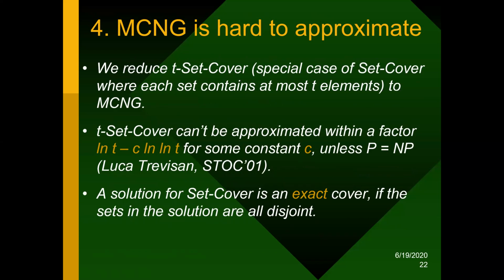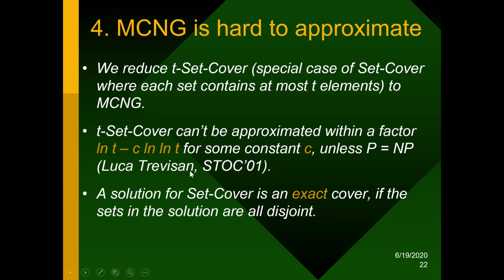For the first hardness reduction, we will reduce something called T set cover to MCNG. This is a special case of set cover where each set contains at most T elements. In our case, we consider T to be a possibly large constant.